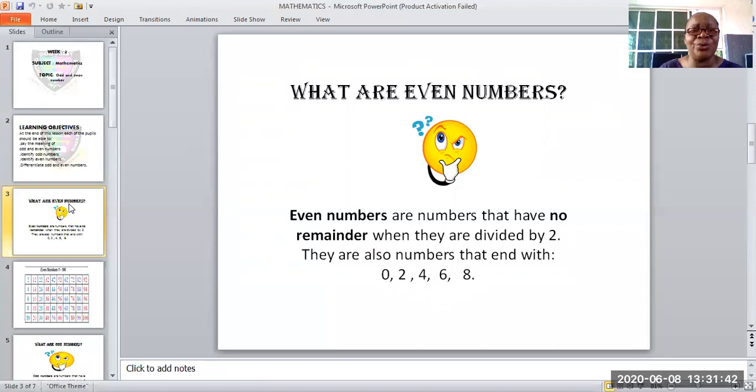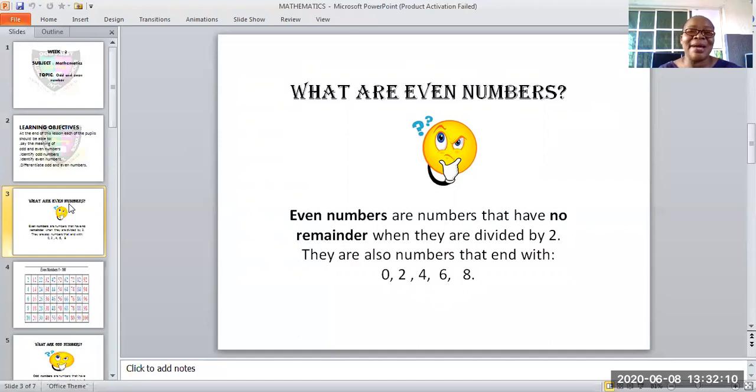Whatsoever number you have in mind, once the end of that number is 0, 2, 4, 6, or 8, then it is an even number. Are we clear? Do you understand?